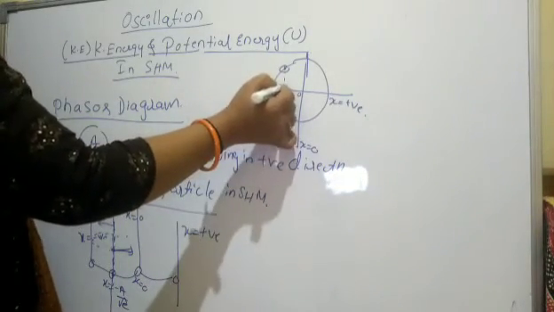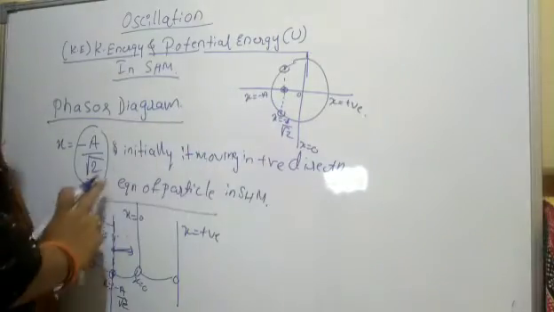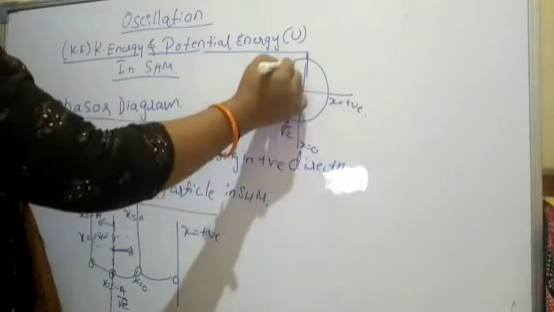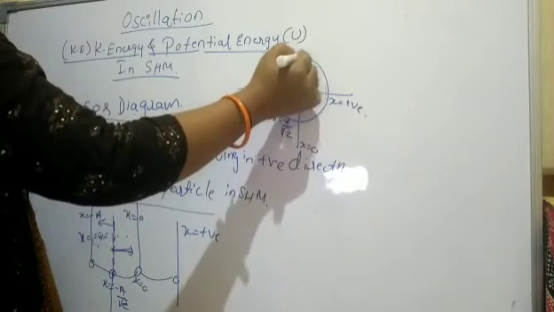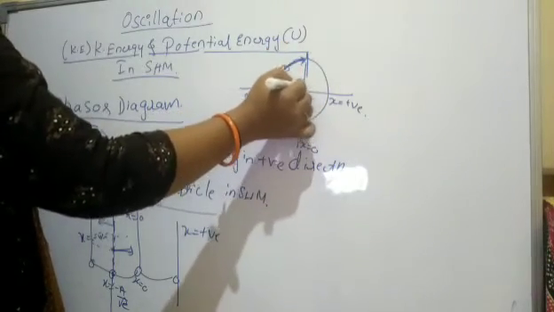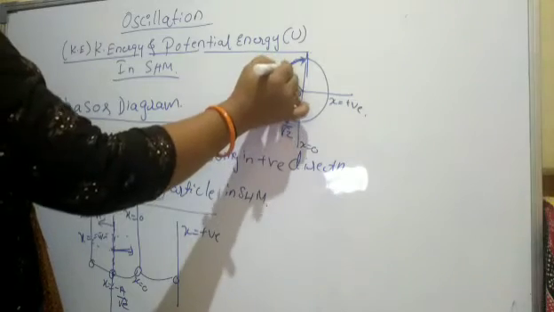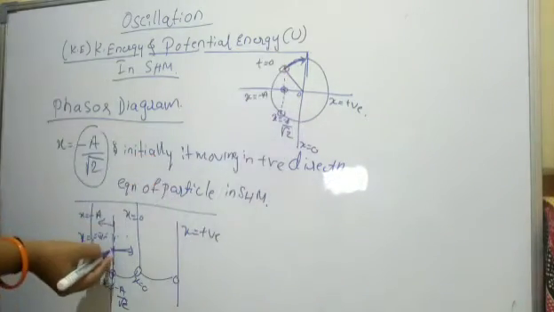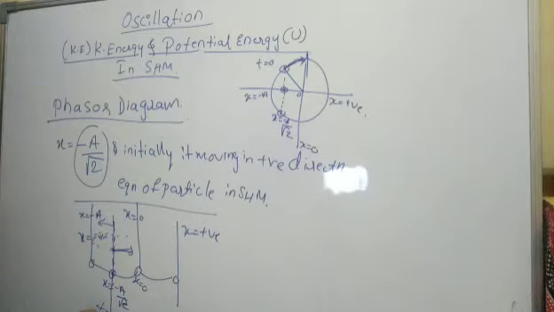We have this particle moving in a positive direction, which means it is moving in this direction. So draw here. This point will be t equal to 0, where it begins to execute the simple harmonic motion.